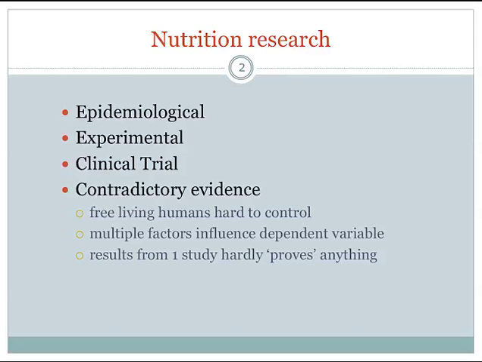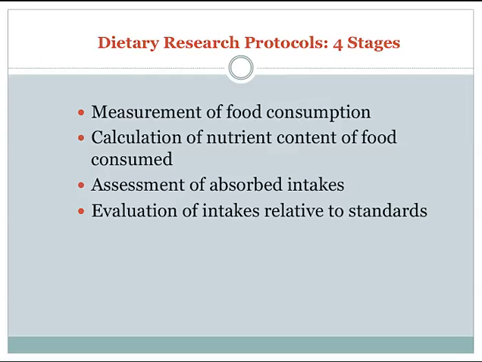They may not give you truthful information, because if somebody is overweight and you're asking them questions about how they eat, they may underreport how much they eat. Or if somebody has an eating disorder, they may overreport how much they eat, or they may tell you what they think you want to hear. So you have to be careful, and the greater the number of controls, the better the quality of the evidence.